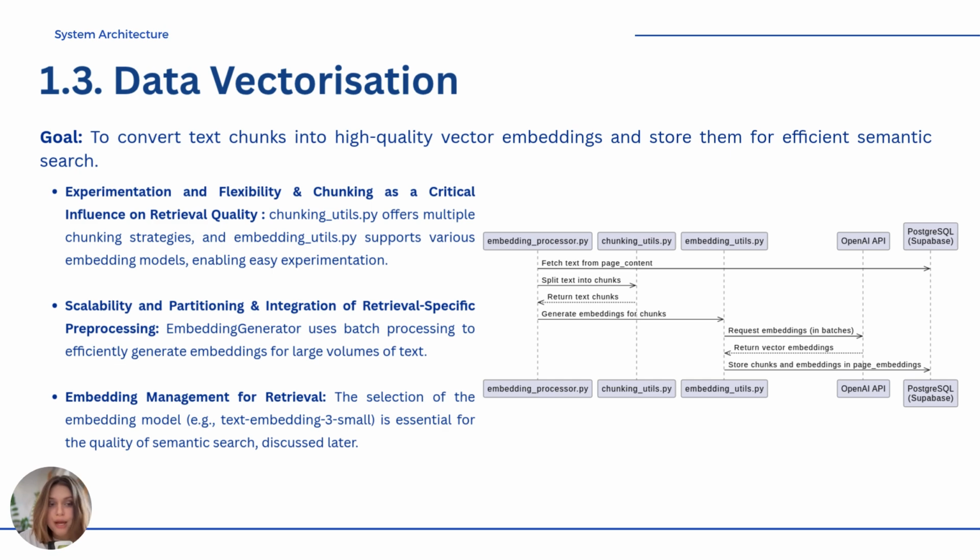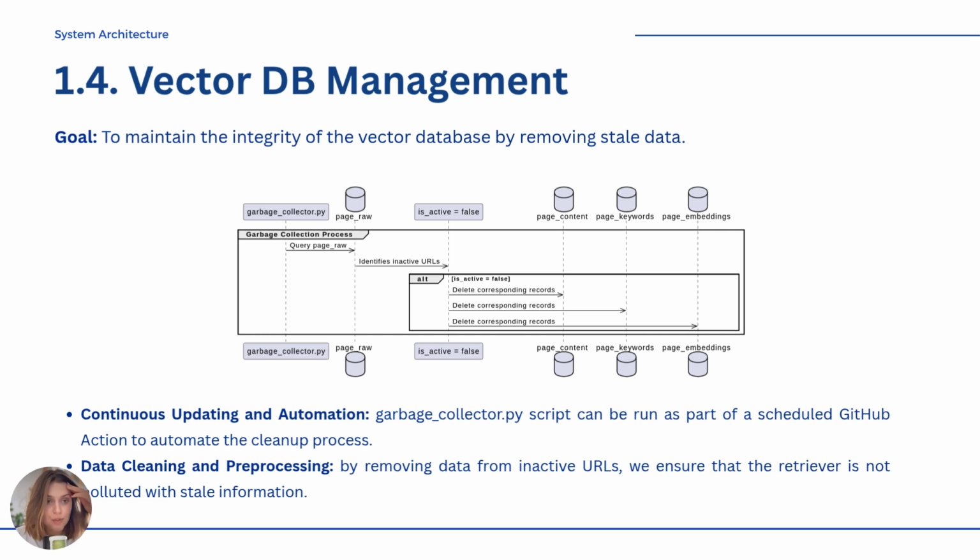It can be an OpenAI model, it can be a self-hosted Llama, and others. Both text chunks and embeddings are stored in the page embeddings table. As the success of the semantic search relies on careful selection and versioning of embedding models, we also support experimentation and usage of different embedding models.